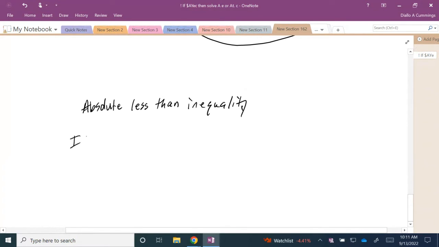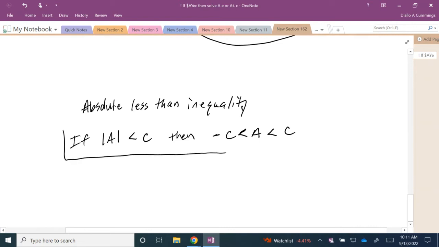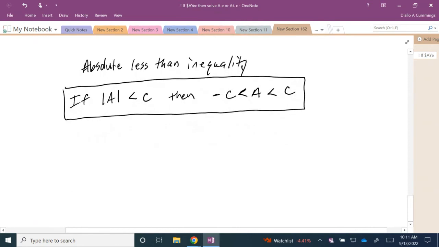So it says that if, and you may have seen them written this way in your intermediate algebra course, if the absolute value of A is less than C, then negative C is less than A is less than positive C. And again, the formulas are the same, but these are just in a less convoluted format.